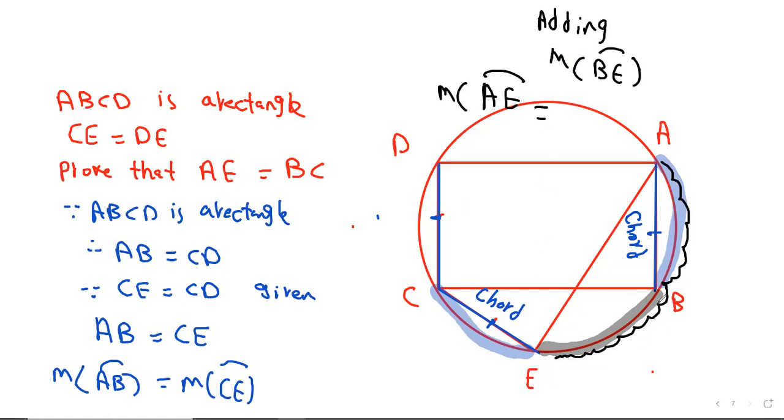And also add this arc BE to the arc CE. When adding them, you will get the measure of arc BC.